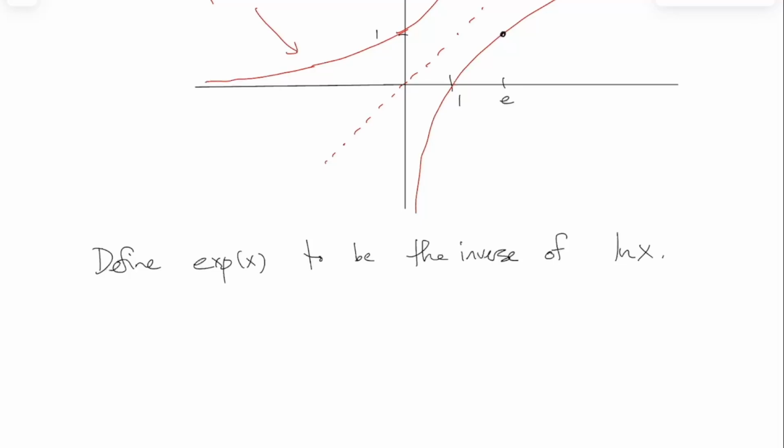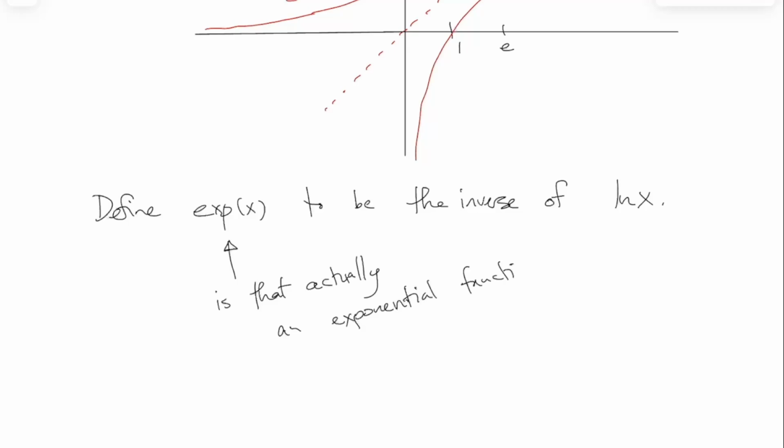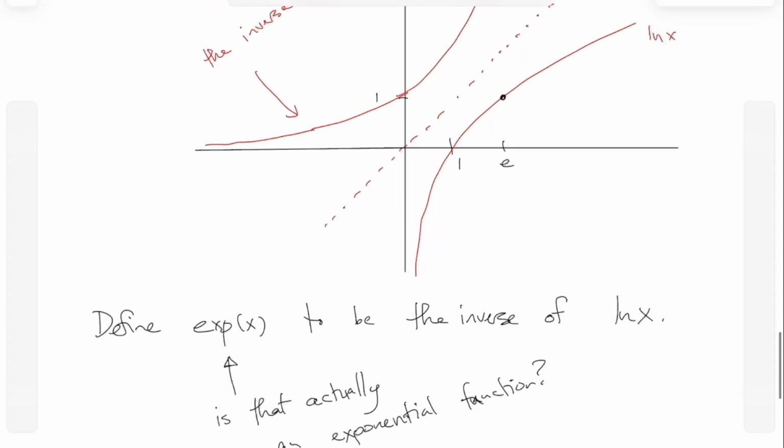And also, maybe a more pressing preliminary question is: is that actually an exponential function? Just the way that I said this, I just said this is supposed to be the inverse of that.